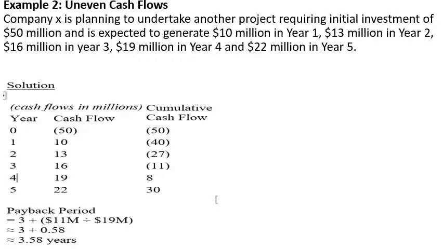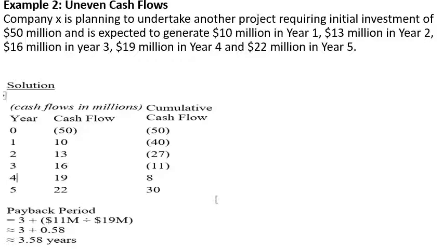You continue. Year 2, the cash flow was 13, so we add 10 plus 13, 23 minus 50, we come to negative 27. Then year 3, you do the same, where our cash flow is 16, so you get negative 27 plus 16, you come to negative 11.